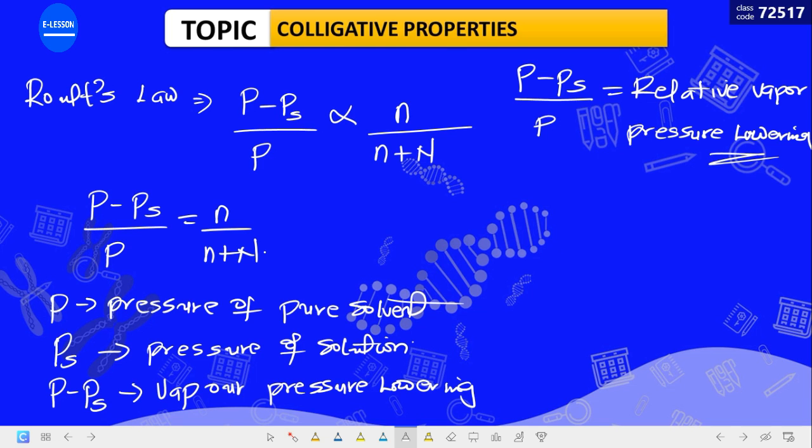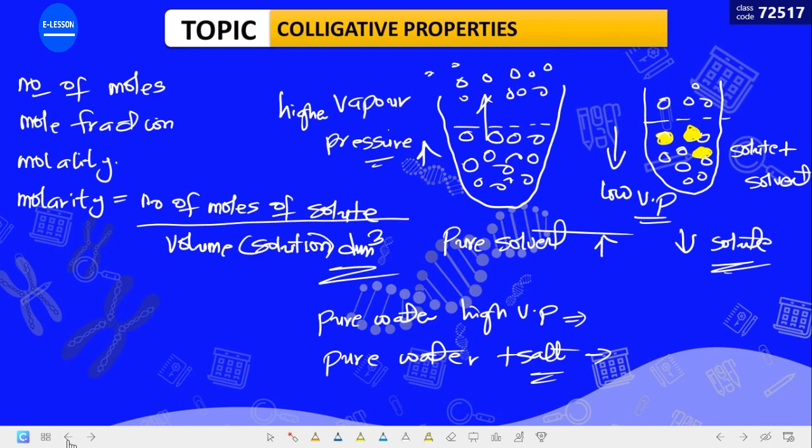Raoult's law states that the relative vapor pressure lowering is directly proportional to the concentration of solute particles present. Now, if we want to think of this experimentally, we can say that the more the solute particles present in the solution, the lower the vapor pressure.